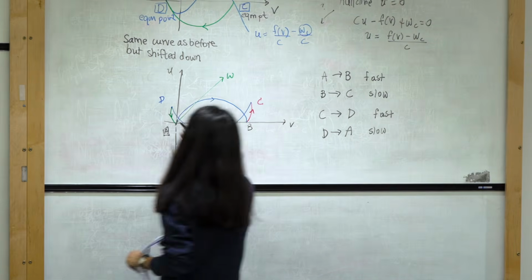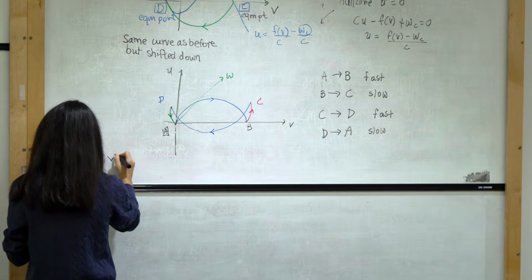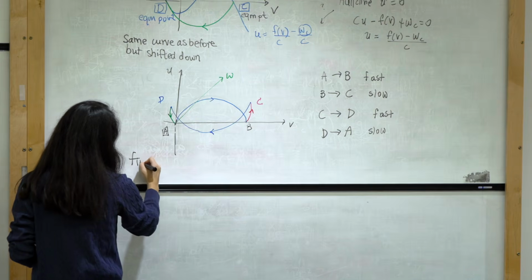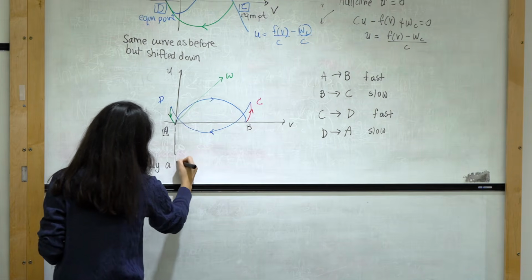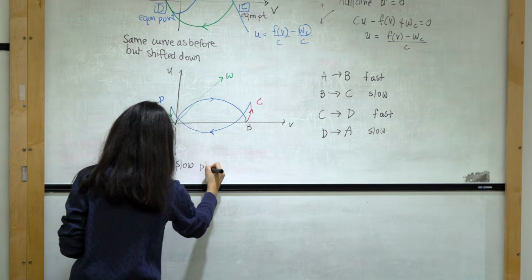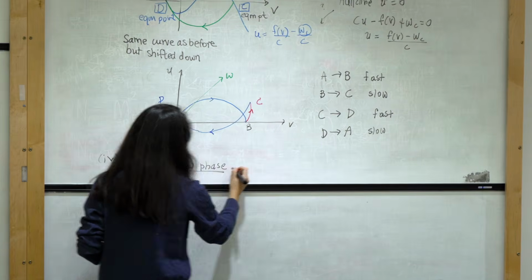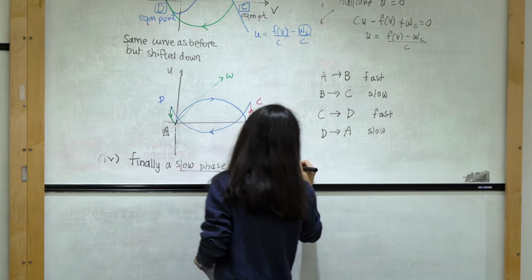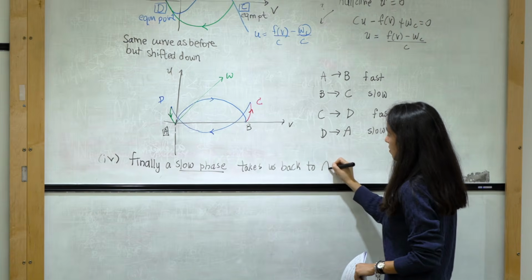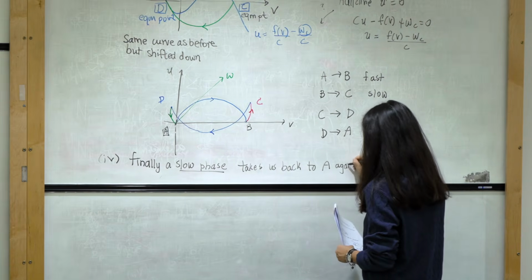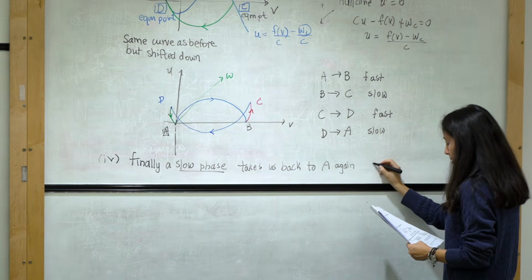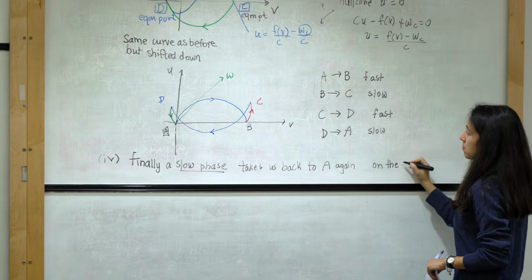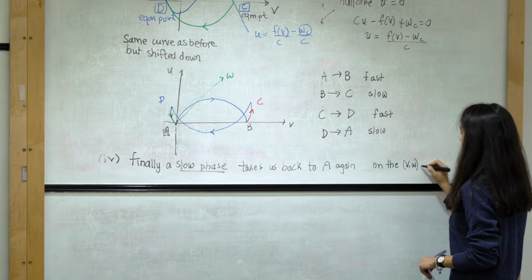So basically this stage here is the fourth. Finally, a slow phase takes us back to A again on the VW plane.